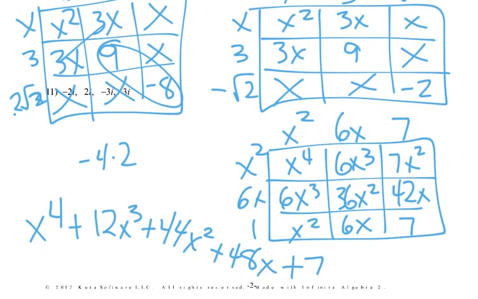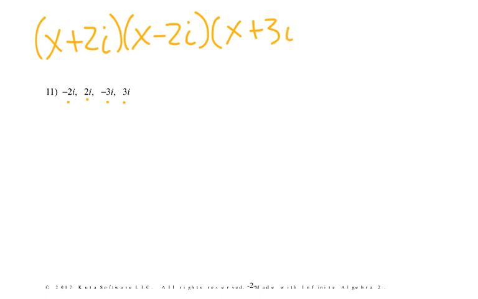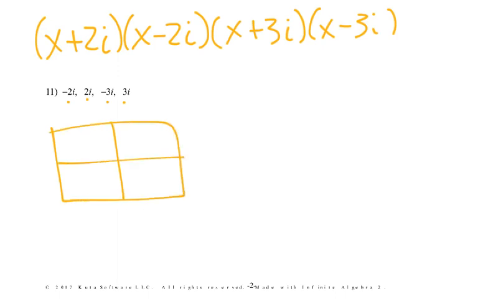Okay, the last one. Now these ones, positive and negative, so we don't need any extras. But I just go x plus 2i, x minus 2i, x plus 3i, and x minus 3i. And we're going to have the same situation going on here, even though we're only dealing with 2 by 2's.